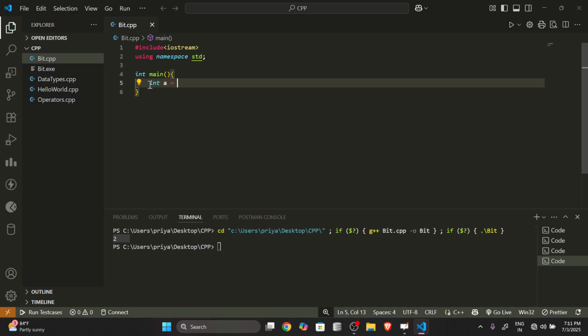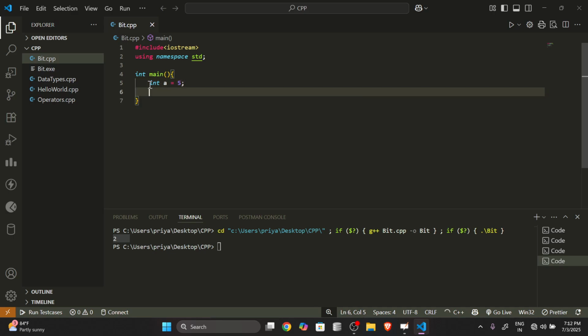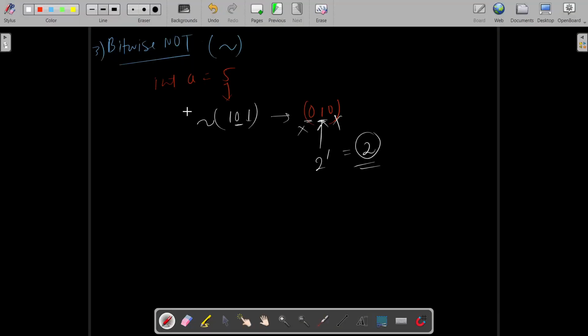Let's say int a is equal to 5, and let's try to, okay, I forgot to tell one thing. We do not have only three binary places, we have 32. I told you that in 32 bit representation we have 32 places, right?